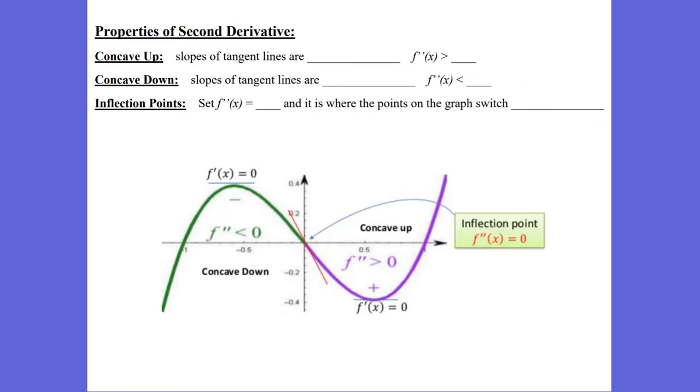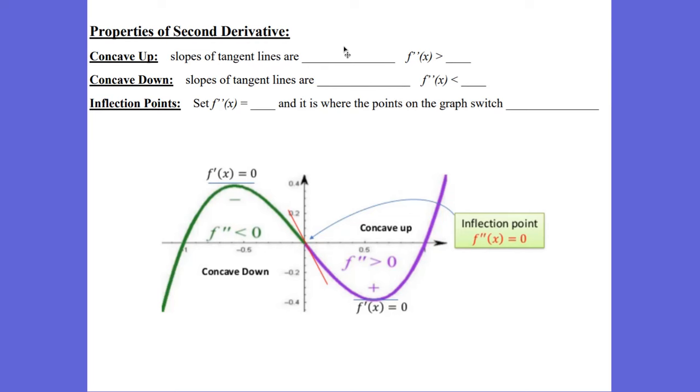When we look at the second derivative test, it tells us inflection points, concavity, and acceleration. This is where the slopes of the tangent lines are increasing, that's concave up, and f prime prime, the second derivative, is greater than 0.